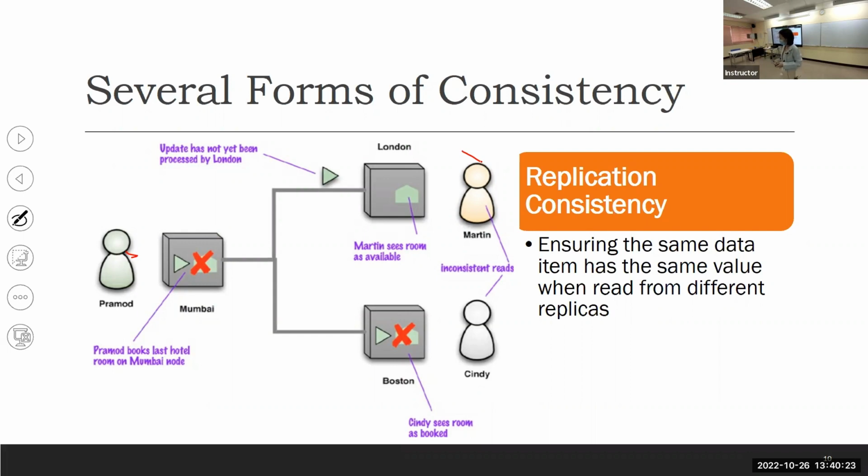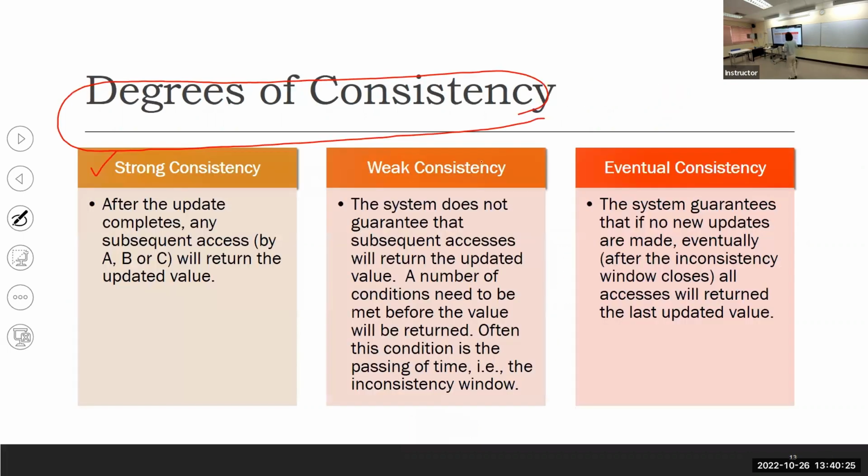Okay. So strong consistency could be important for certain types of application for sure. You may not want users to be able to argue with you once they commit a certain transaction, right?